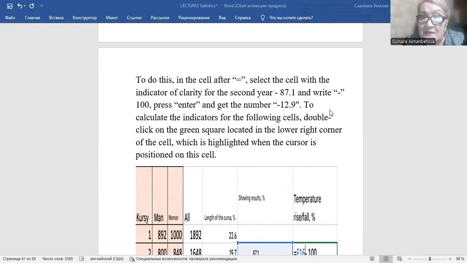To calculate the indicators for the following cells, double-click on the green square located in the lower right corner of the cell, which is highlighted when the cursor is positioned on this cell.